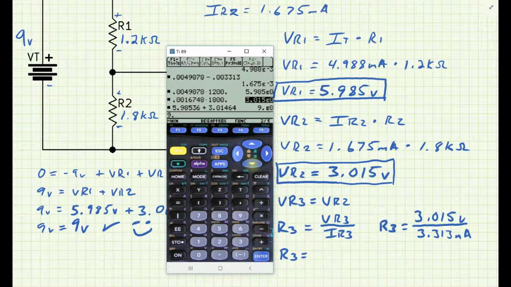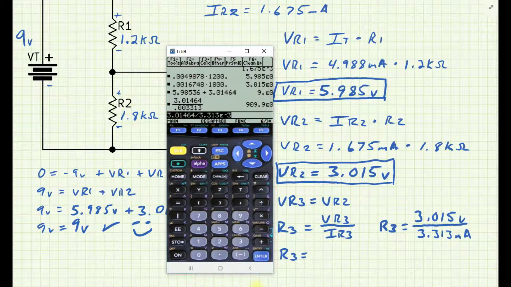So let's grab our VR3 or VR2 voltage divided by our known, whoops, I got some extra stuff in there, 3.015 volts roughly, divided by our given 3.313 milliamps.